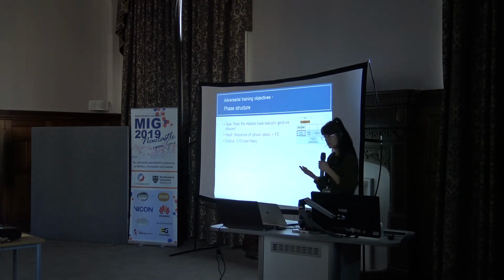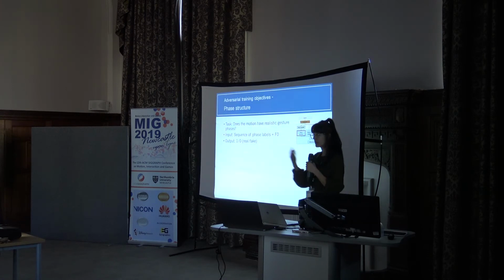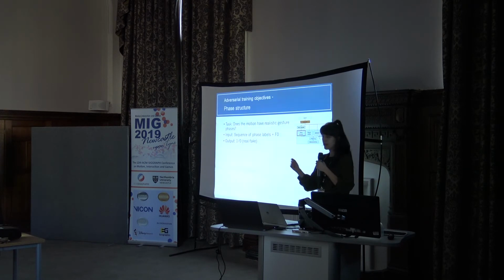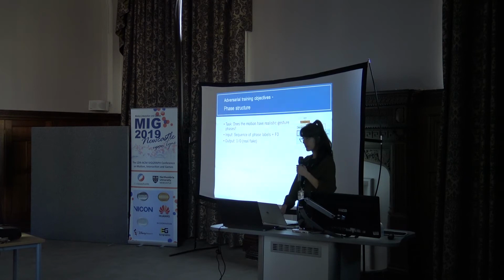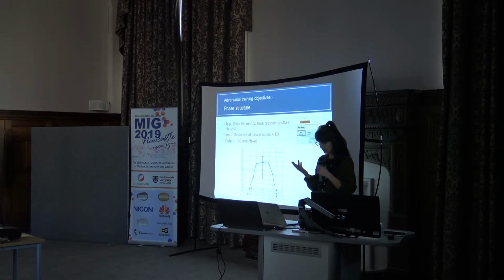So our first adversary is the phase structure discriminator, and it receives as input such a sequence of generated phase labels from the classifier, and like a standard discriminator, it just says yay or nay, I think this is a real sequence, or I don't think this is a real sequence. So to see the effect of this discriminator, we can take it out of the training and train the network a bit without it.